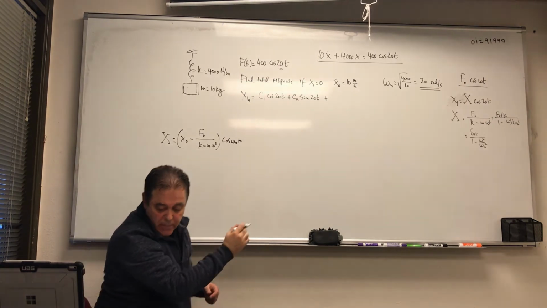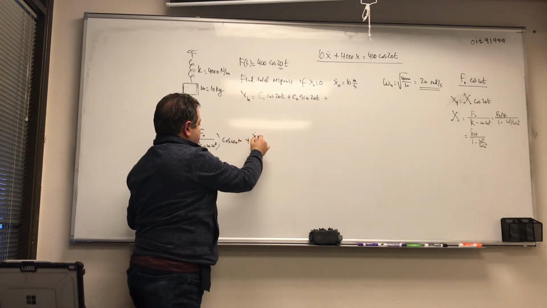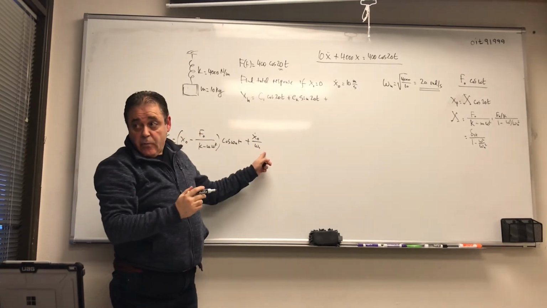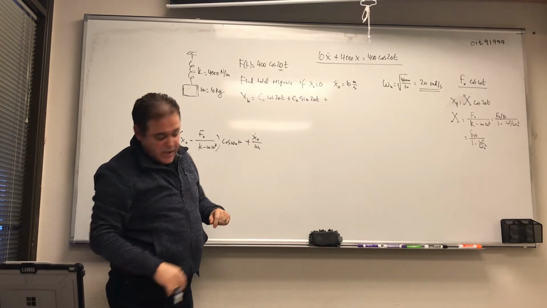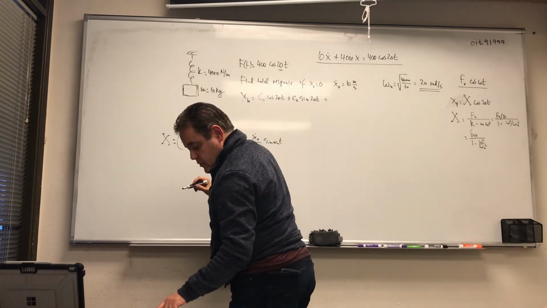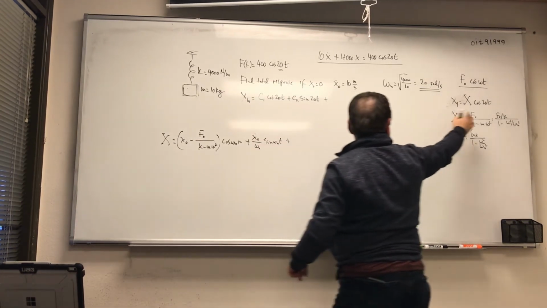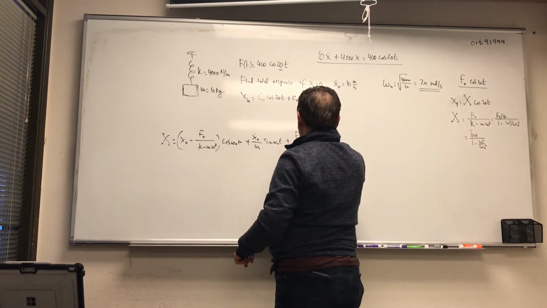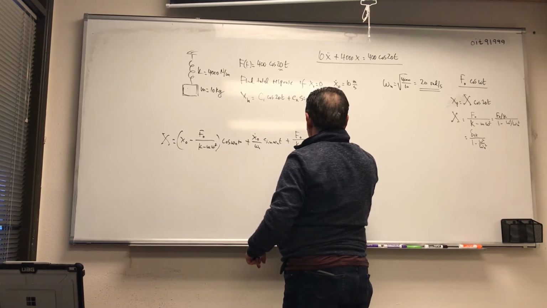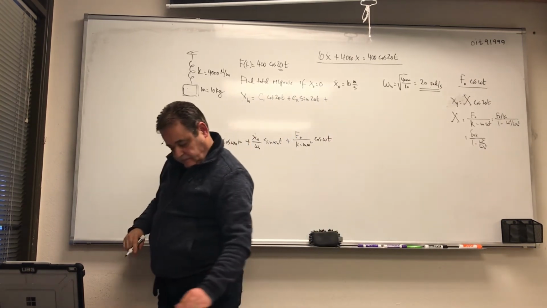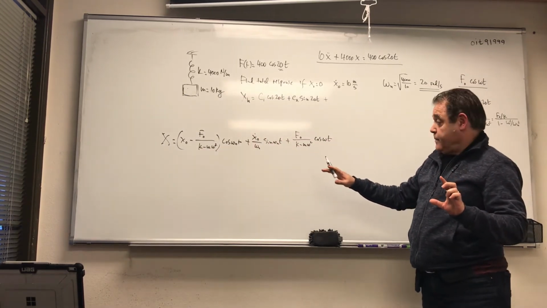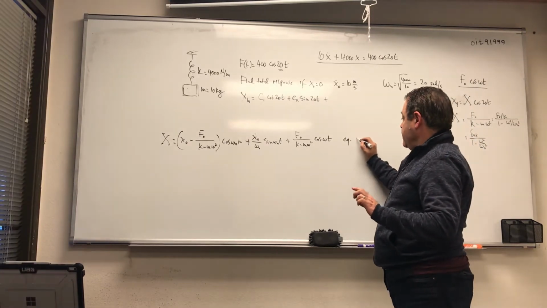This is equation 3.9, by the way, plus x dot 0 over omega n, and we got these constants when we applied the initial conditions, sine omega n t. And lastly, the particular solution looks like F0 over k minus m omega squared times cosine omega t. That's the general solution, equation 3.9, which we developed earlier.